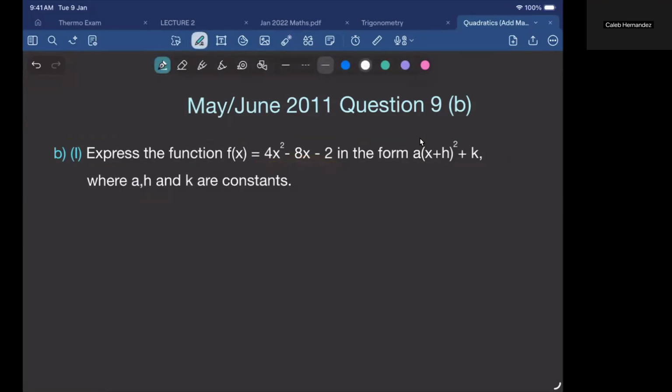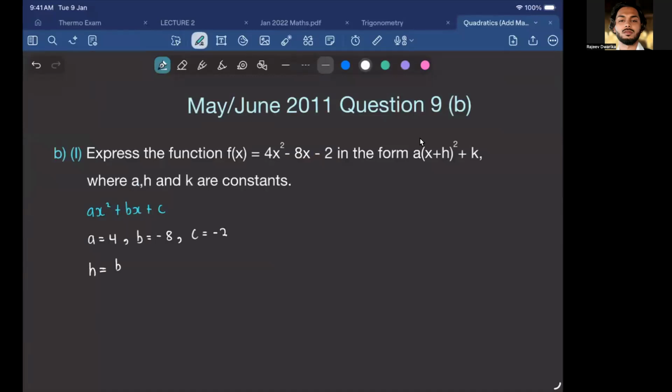And it's in the form ax squared plus bx plus c, right? If that is the case, could you tell me what A is? B is equal to negative 8 here, right? And C is equal to negative 2, right?